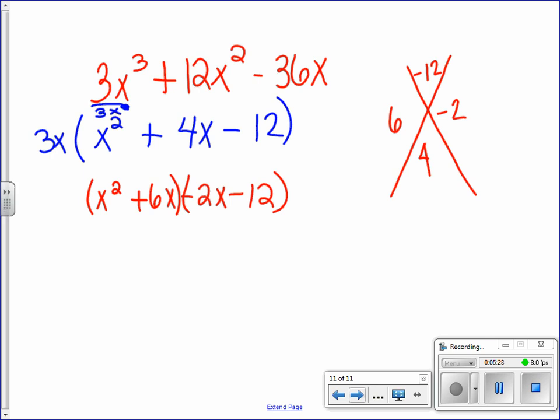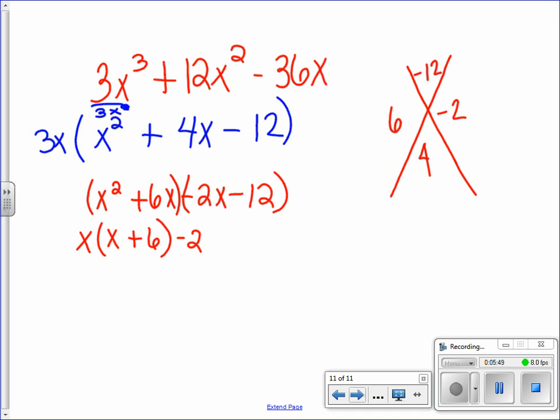Yep. So what can I take out of the front? X. And I'm left with x plus 6. Yes. What can I take out of this back part? Negative 2.